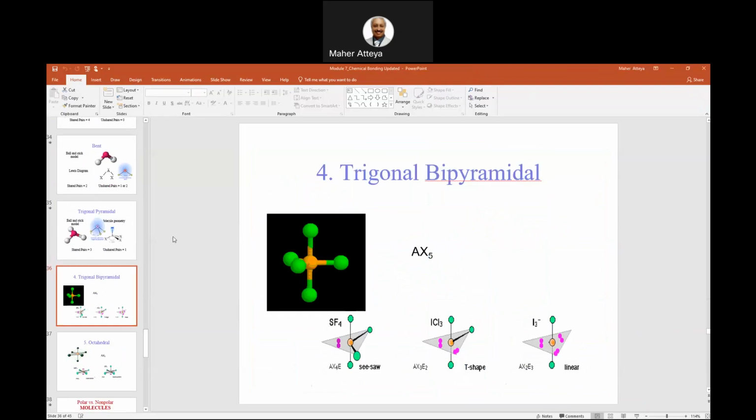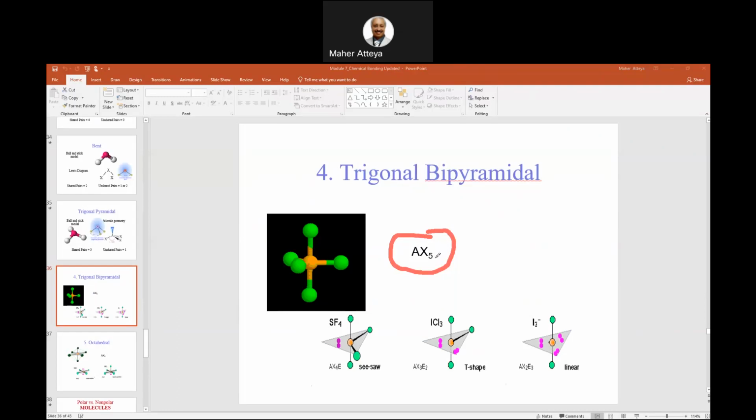Let's go for trigonal bipyramid. So trigonal bipyramid, it has how many? We said 5. It has 5. So, from this then, if you look at this one here, so here it is.